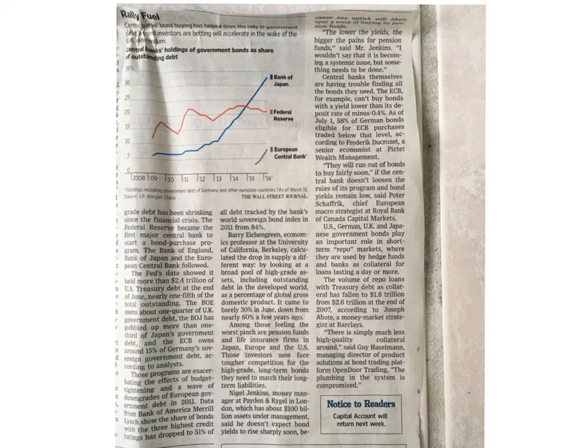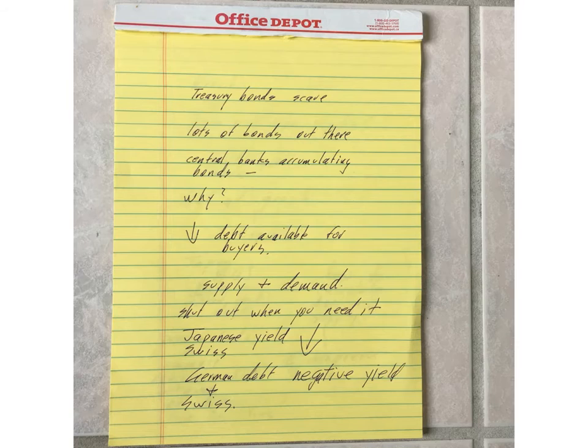Now I'm going to get into a little bit of the structure. So look at this. This is my own yellow pad, and I'm showing you how, as I went through the article, I scribbled down the ideas and points that were coming out: the facts, the elements, the points.